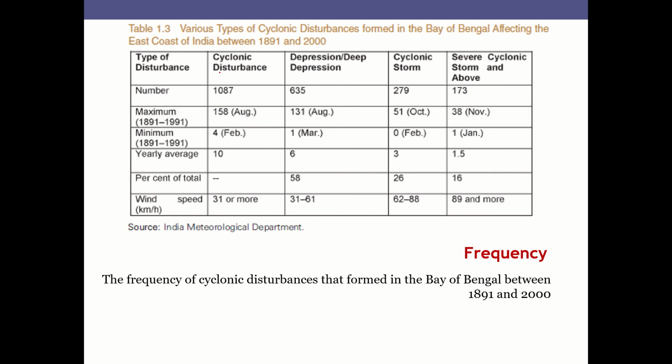They have said that based on the cyclone, I told you, there are 3 stages. One is cyclonic disturbance, the second one is depression, and then the actual cyclone formation. If you see the number between 1890 and 2000 of disturbances that have occurred in the Bay of Bengal, particularly on the east coast side, more than thousands of disturbances have been recorded.